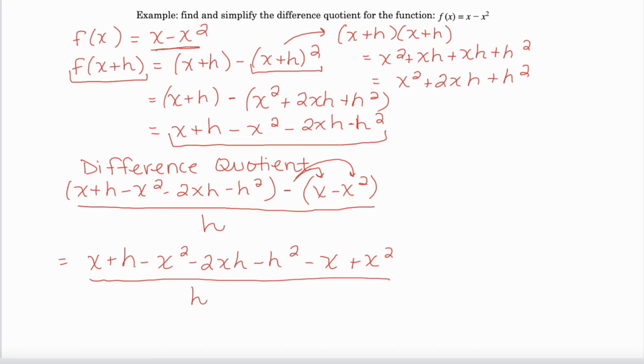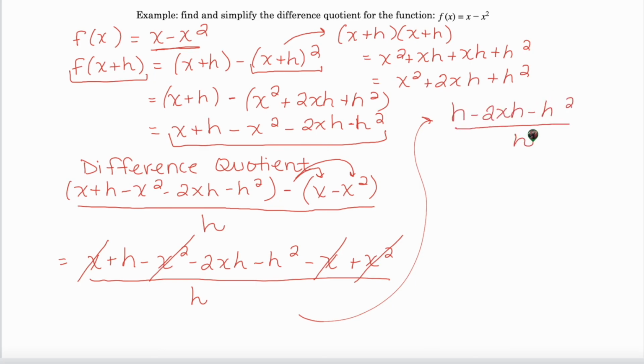It looks like I have a positive x and a negative x. I have a negative x squared and a positive x squared. So then what I'm left with is h minus 2xh minus h squared all over h. I see in my numerator that I have a common factor of h in each one of my terms.